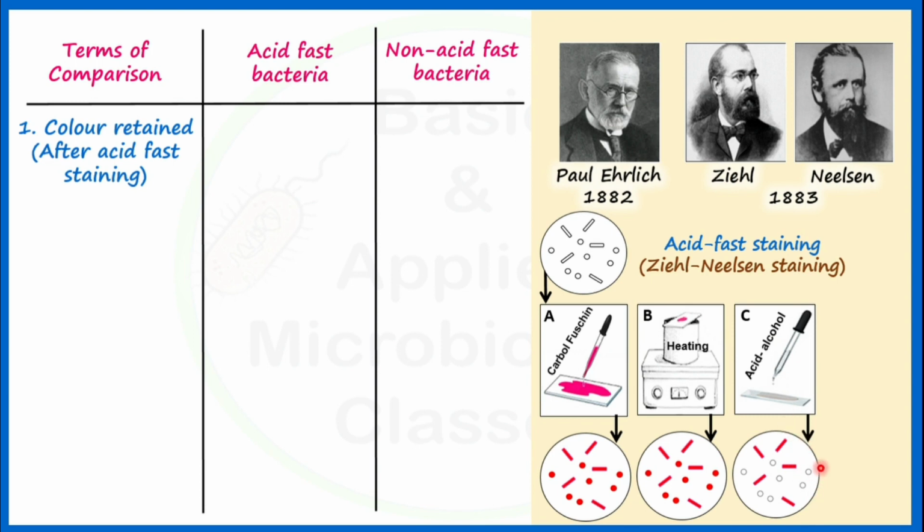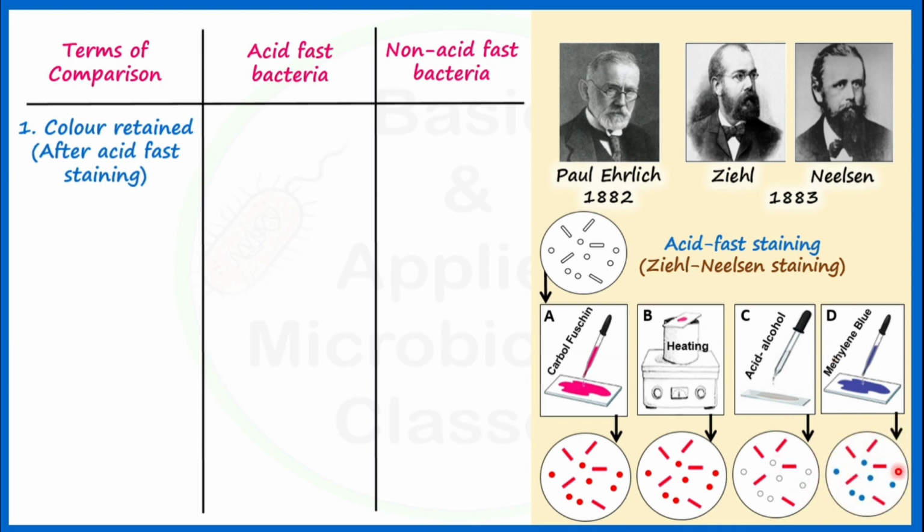Now in order to stain those bacteria which have lost their color at this step, we add a counterstain, what we call the secondary stain, and that secondary stain is methylene blue. After addition of methylene blue, the bacteria which had lost their color in the previous step have now taken the color of this dye and are appearing bluish in color.